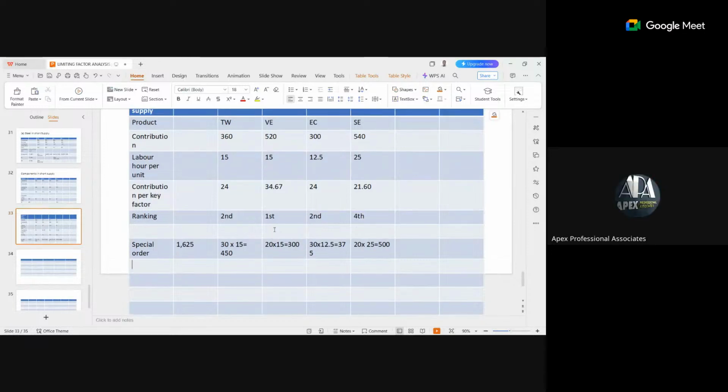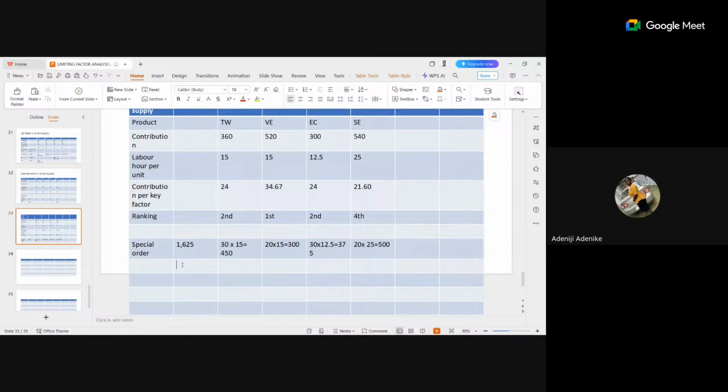So for us to produce 180, how many hours do we need? 180 times 15. We need 2,700 hours, right? Yes, 2,700.